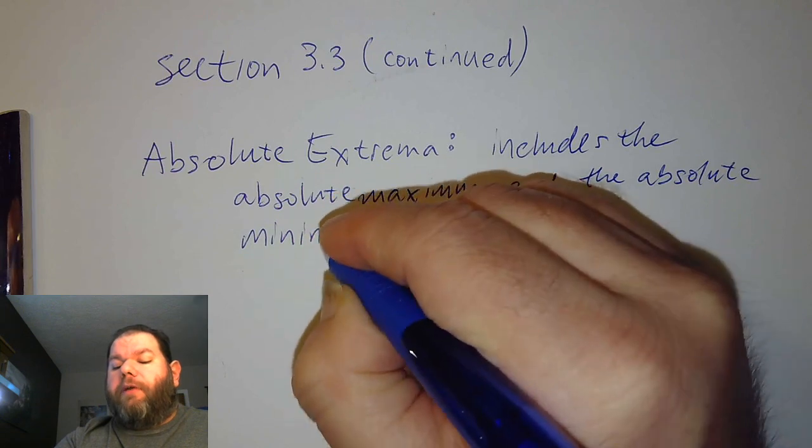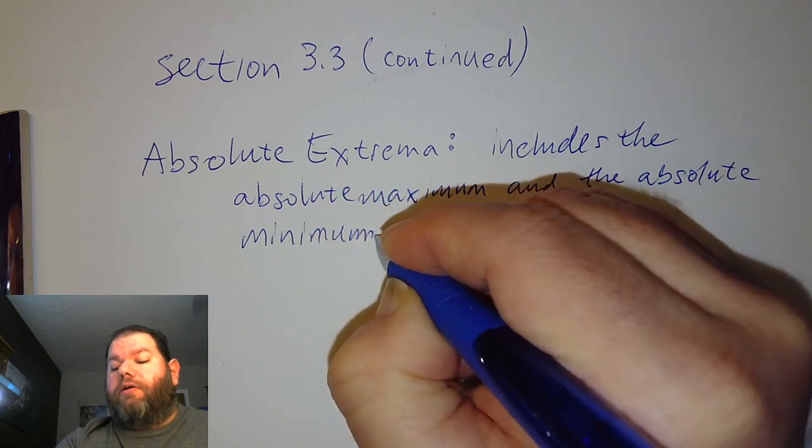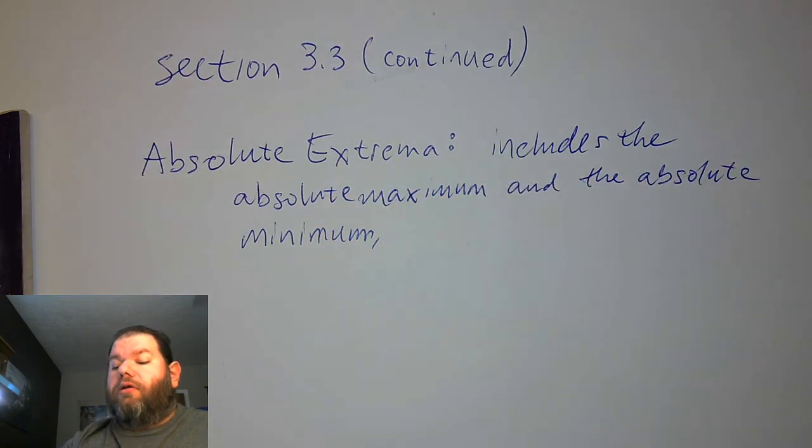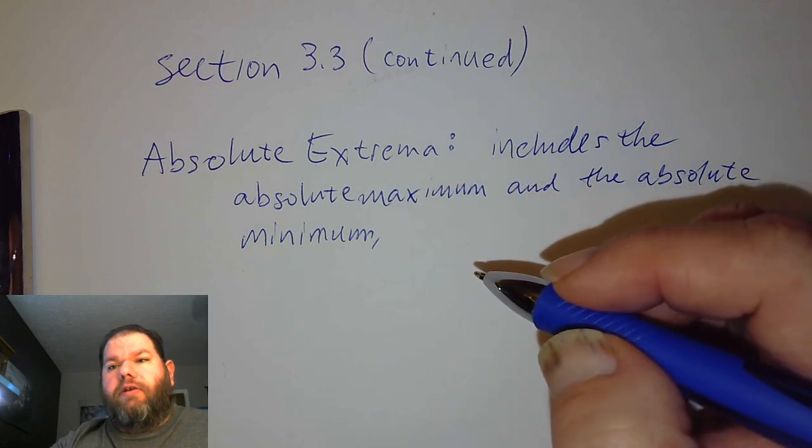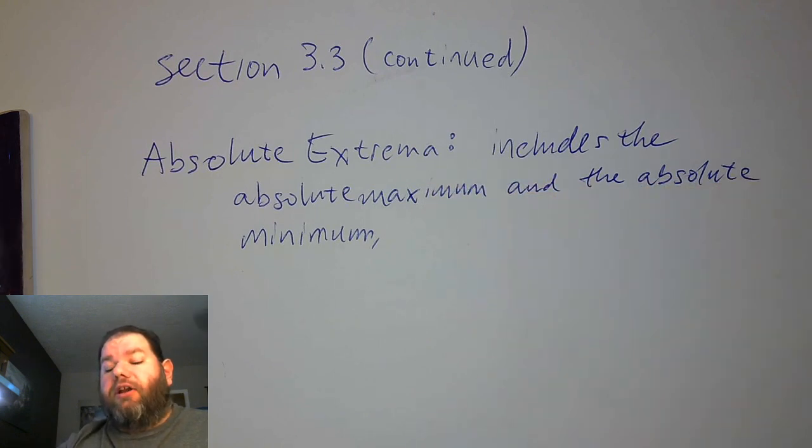And what the absolute maximum and minimum are: each one is the single highest and the single lowest point on the graph.